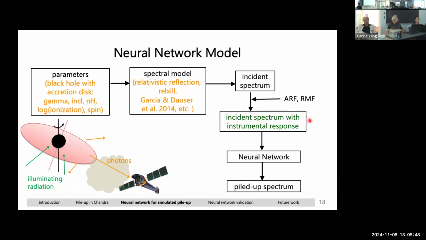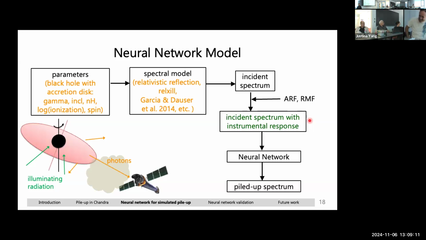Good to have that test. There's another very good reason to do it this way, which is the ARF has changed considerably over the course of the mission. So you'd like to train one neural net and have it work for any ARF. Otherwise, you have to train a neural net for every ARF or make it explicitly dependent, which makes the problem much more complicated. So yes, you could do it, but we're trying to get the simplest thing to work.